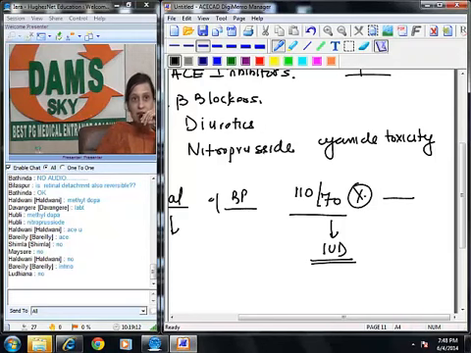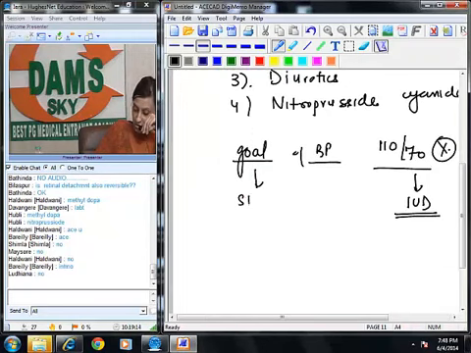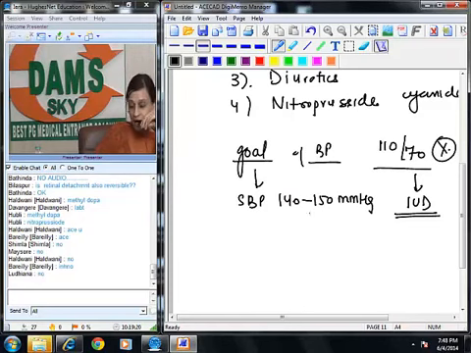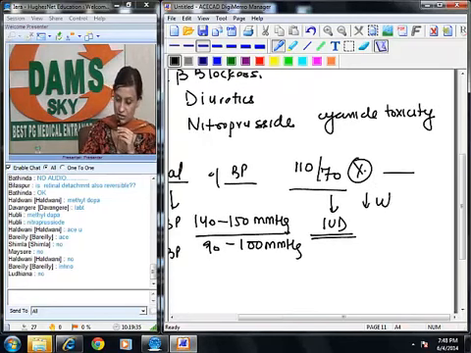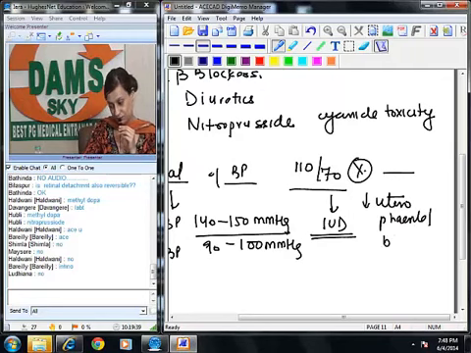Therefore, our goal of maintaining the blood pressure is a systolic blood pressure of 140 to 150 millimeters of mercury, and the diastolic blood pressure between 90 to 100 millimeters of mercury. So this is our goal. We don't go below that, because if we go lower than this, there is going to be a decreased uteroplacental blood flow.